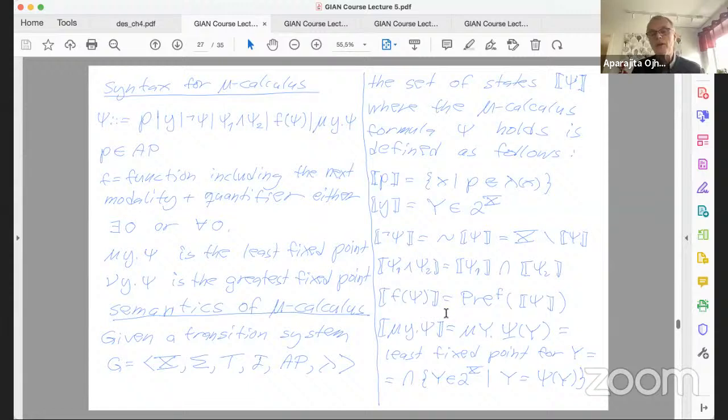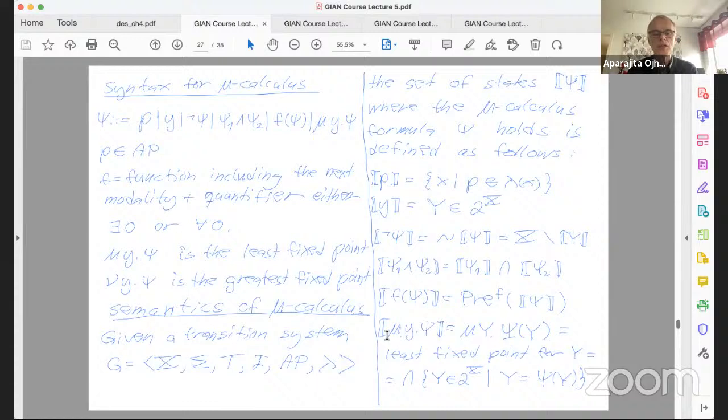And actually, it is a bit tricky with this pre-function. I'm sorry for that. The rest is quite standard here. And also the fixed point needs some added aspects, but I would say it's not that complicated.